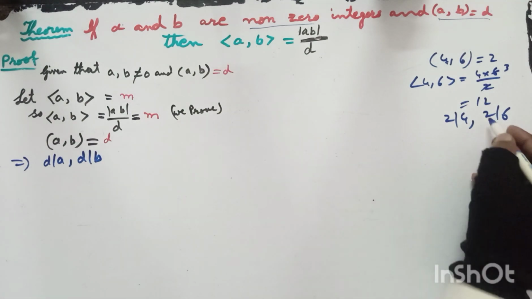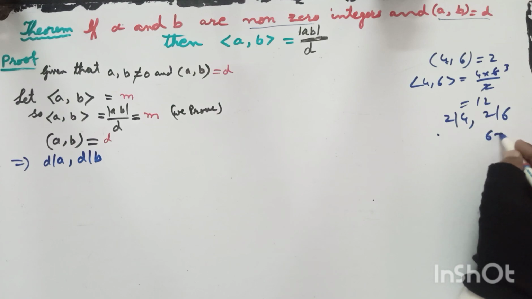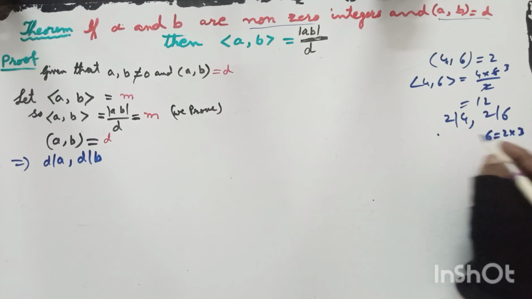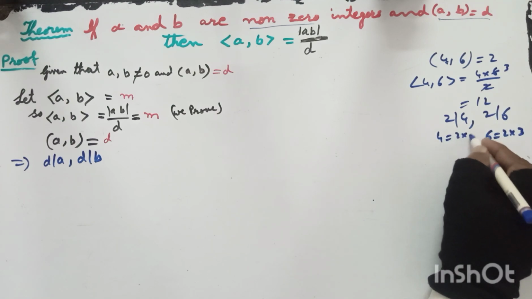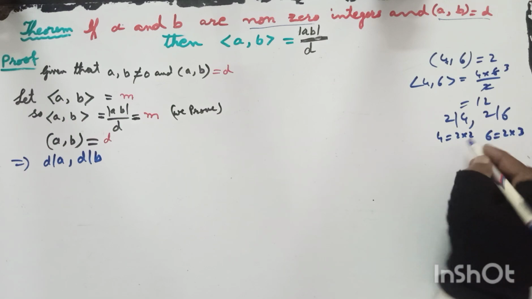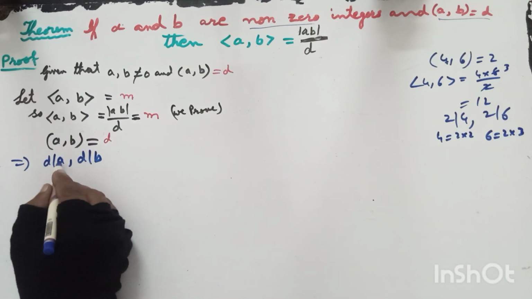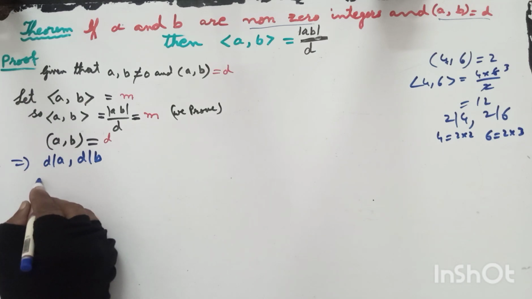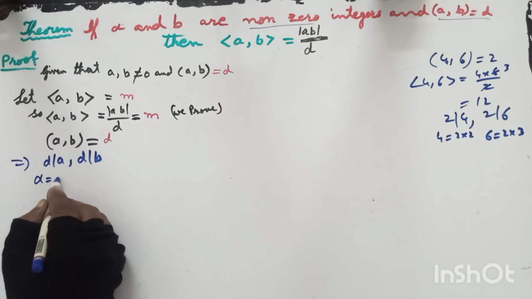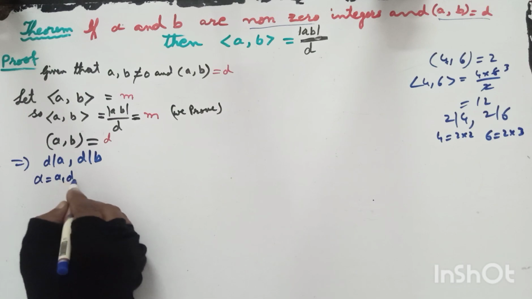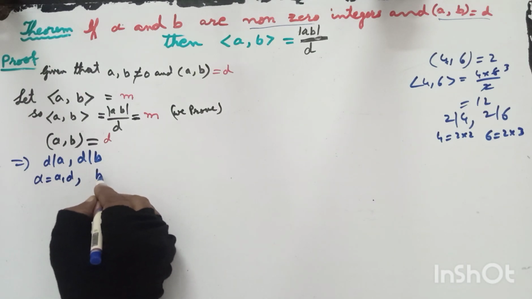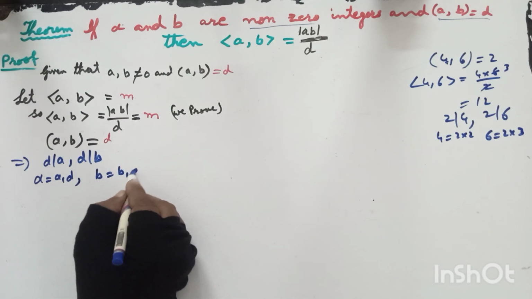So I can write 6 as 2 multiplied by 3 and 4 as 2 multiplied by 2. Here this is the divisor and this is the multiple, so a multiple can be written as two factors. So a equals a1 d and b equals b1 d.